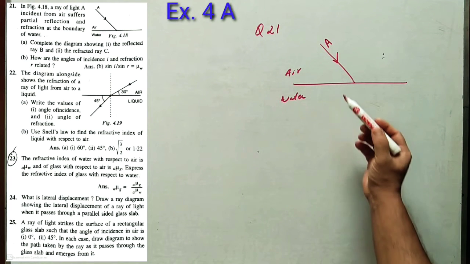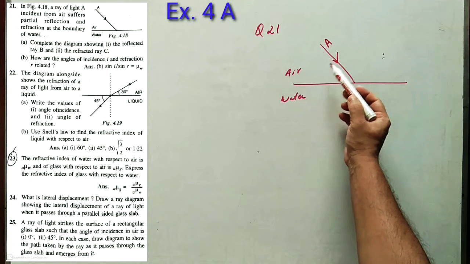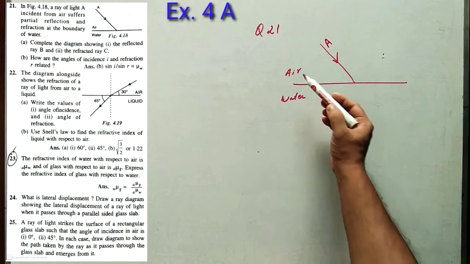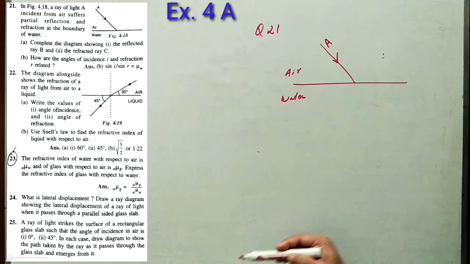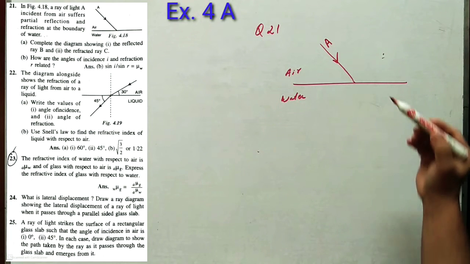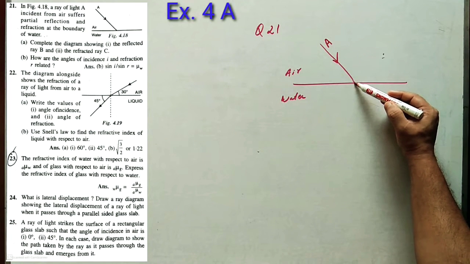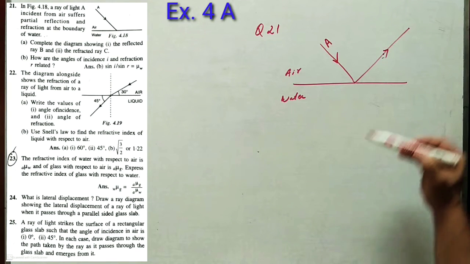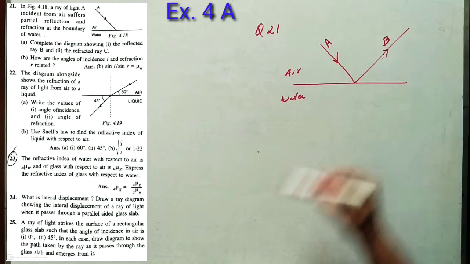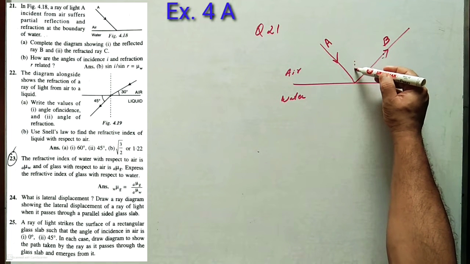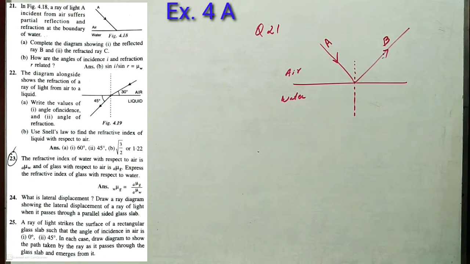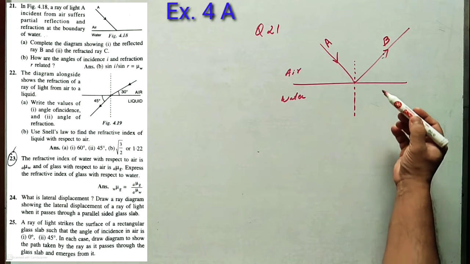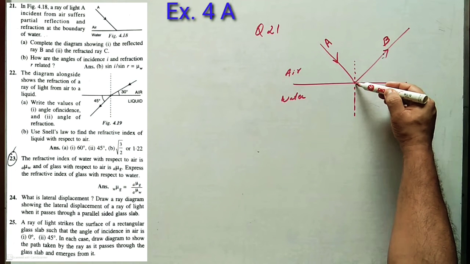As you know, when a ray of light travels from air to water, that is from rarer to denser medium, partial reflection occurs. So the reflected ray goes back into the medium, and we can name it B. Draw a normal at the point of incidence, and most of the rays will be refracted into the denser medium.